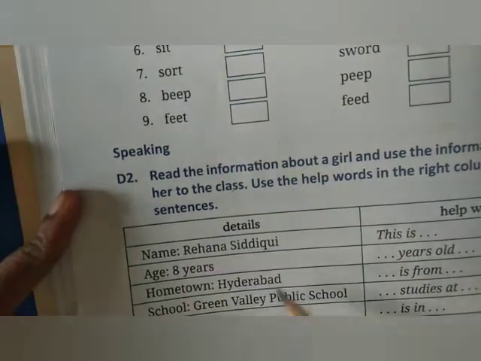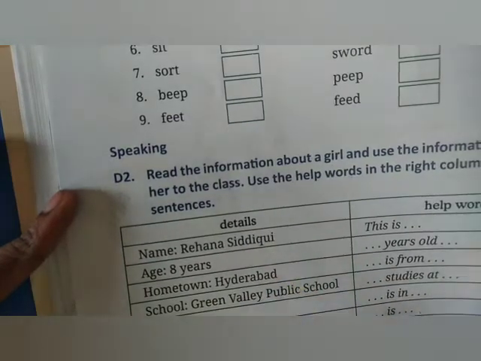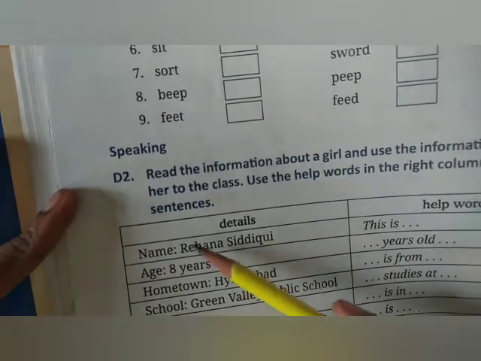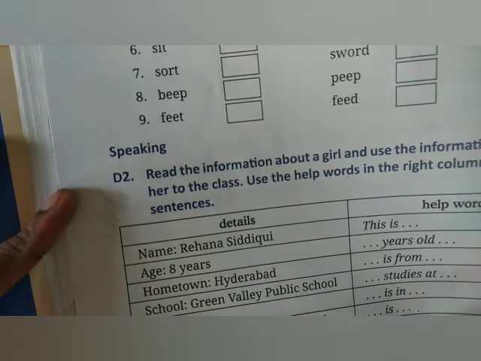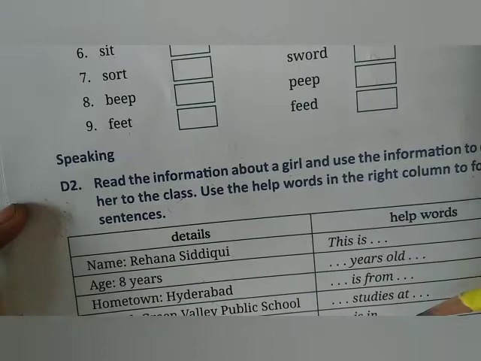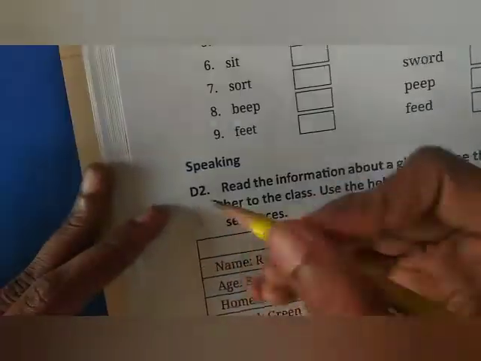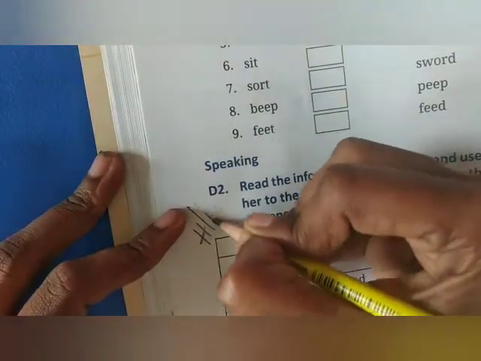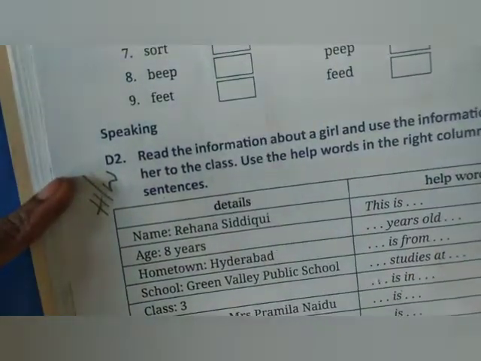Here they have given detailed information of a girl like name, age, hometown, school, class teacher's name, father and mother's profession, their hobbies. And here they have given helping words. By using these helping words, you have to make sentences in your homework book. You have to do this in your homework.